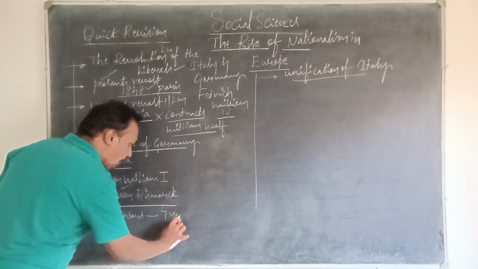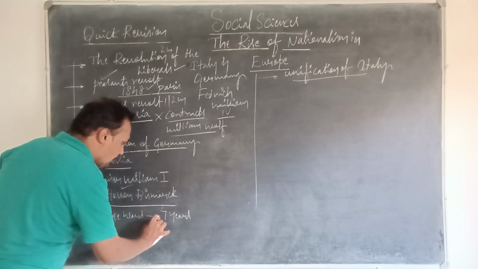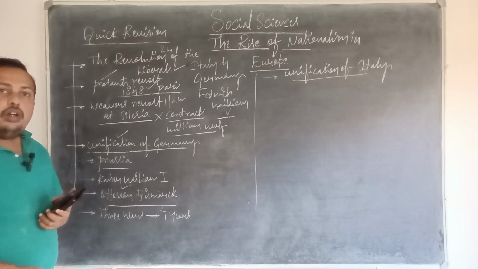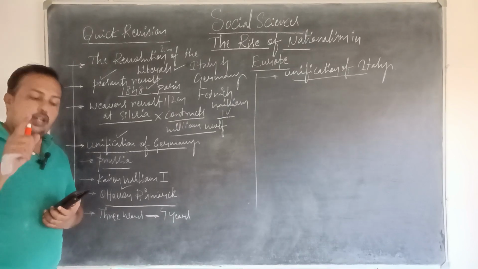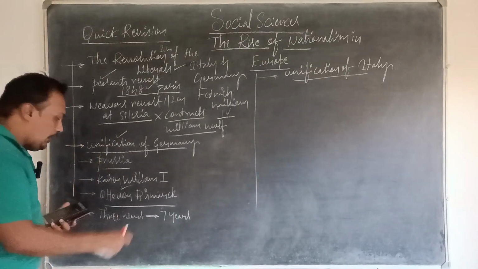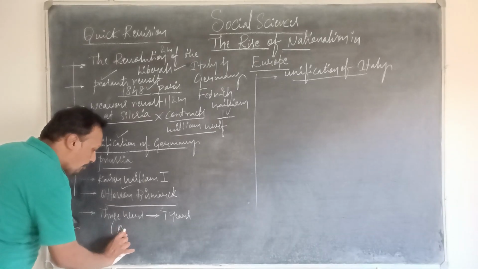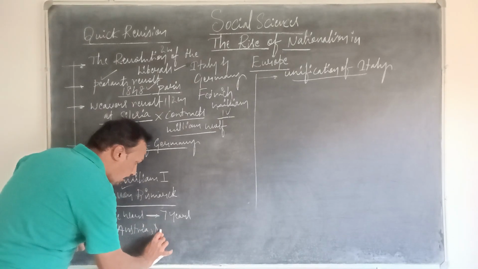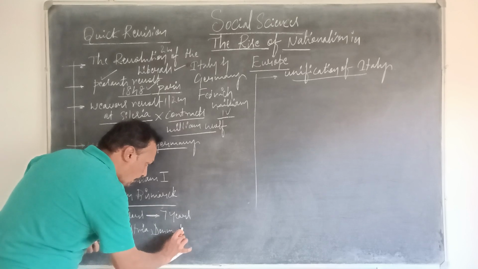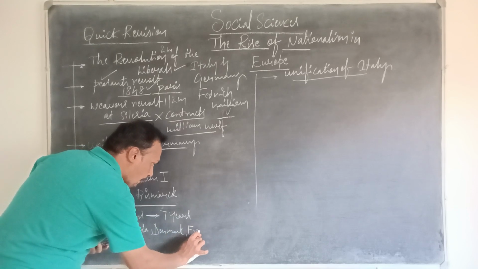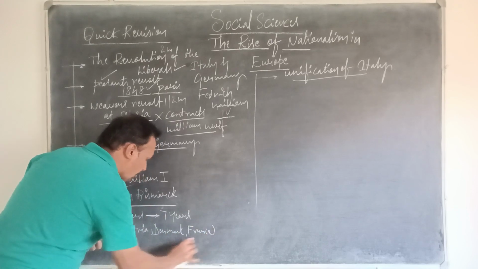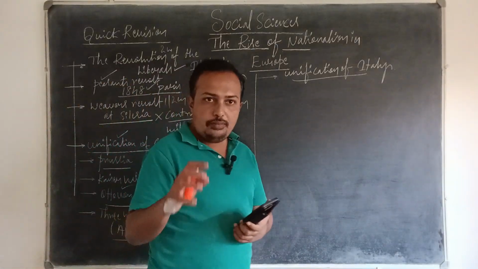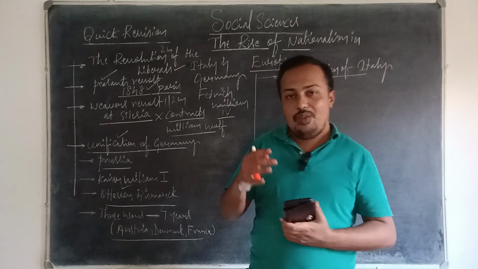So 3 wars were waged for the 7 years against whom? Austria, Denmark and France. These 3 are the very important names. Please remember, against Austria, Denmark and France, 3 wars were waged under Otto Bismarck.